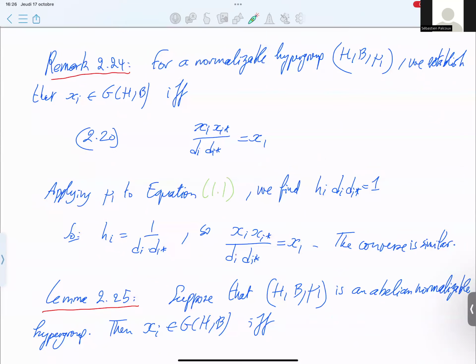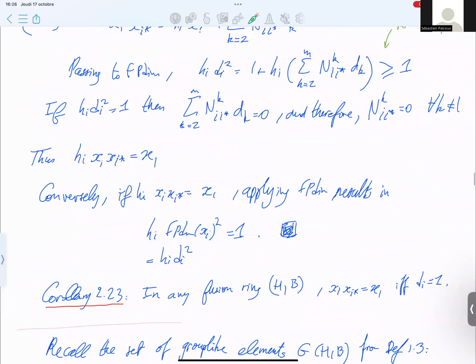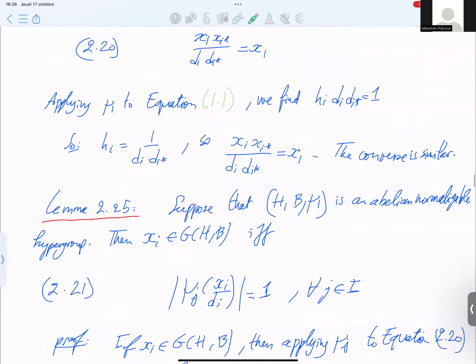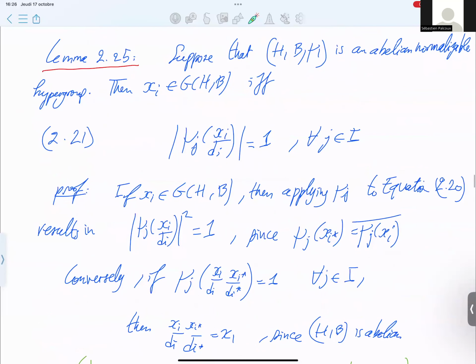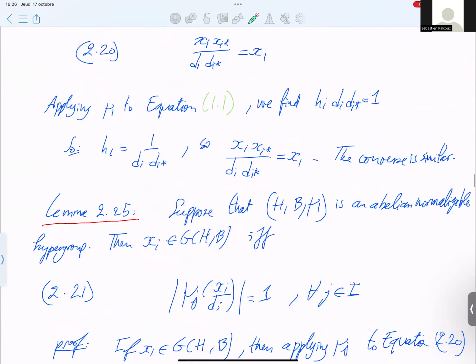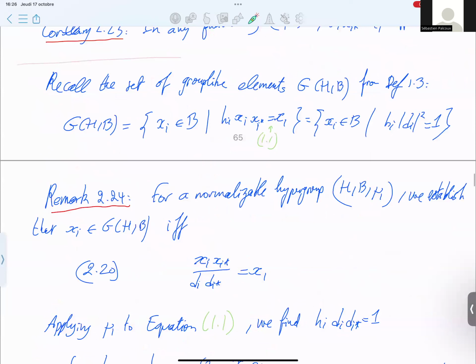So in the normalizable case, not normalized, because here I guess it's normalized. Real and non-negative hypergroup, not normalized. So suppose that it's normalizable, then this is there. For a normalizable hypergroup, we establish this is group-like if and only if we have that.